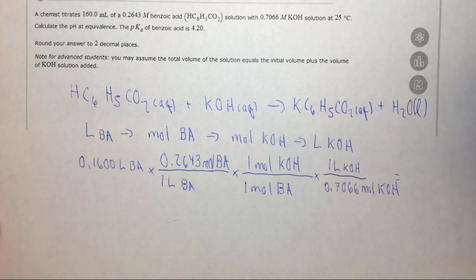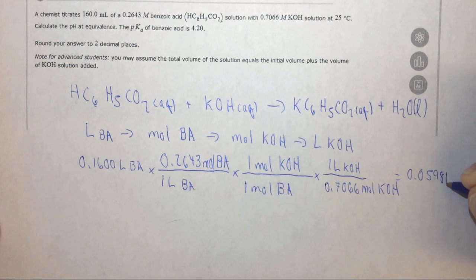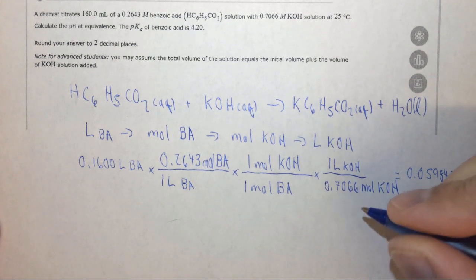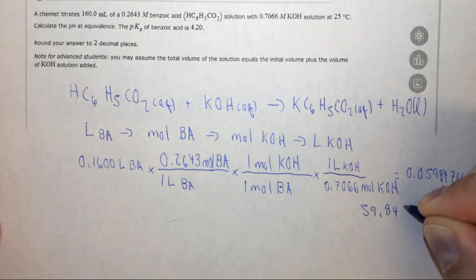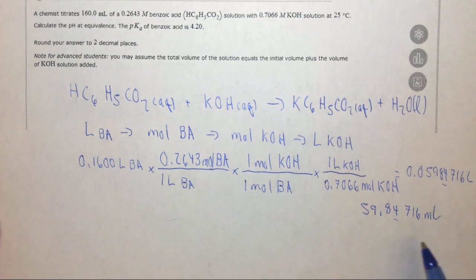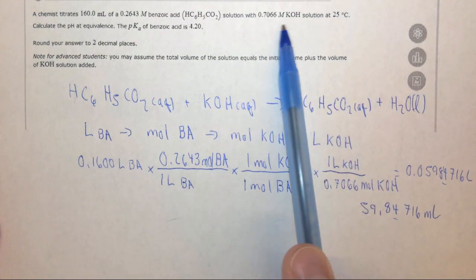And when you do that, we find that it is 0.05984716 liters, and that's the sig fig, or 59.84, and I'm going to keep the 716 milliliters. So I just multiplied that by 1,000. So this is how many milliliters of this base we added.